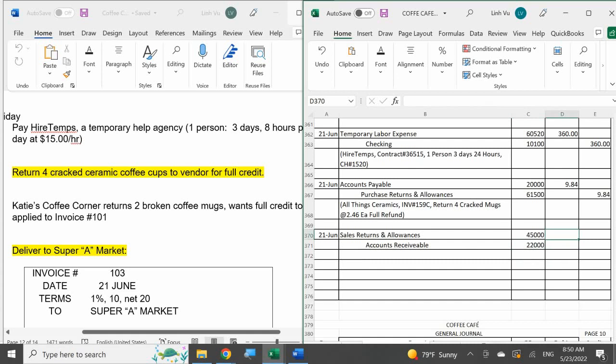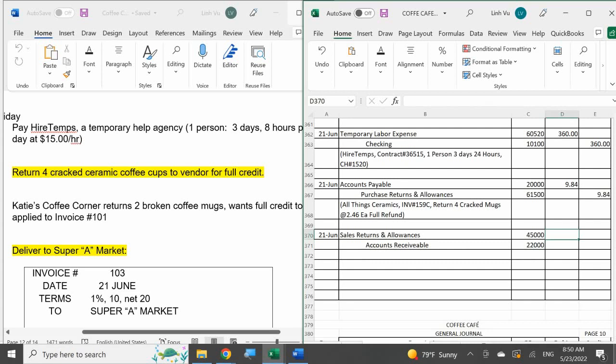Now, how much does Katie owe me? I mean, how much did we charge her per cup? And she wants to get a refund for 2 of them. How much did we originally charge her?